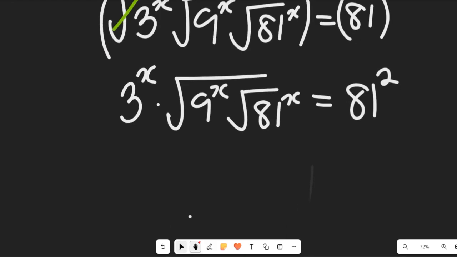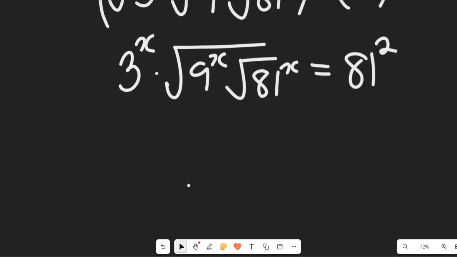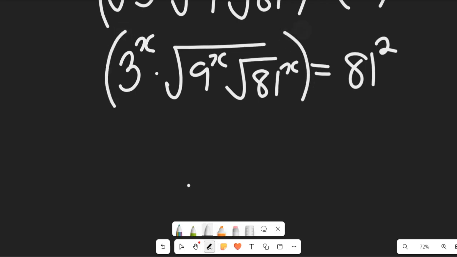Good. Now, considering that expression, we are still going to square both sides. If we square both sides, this expression becomes squared, and this expression becomes squared.